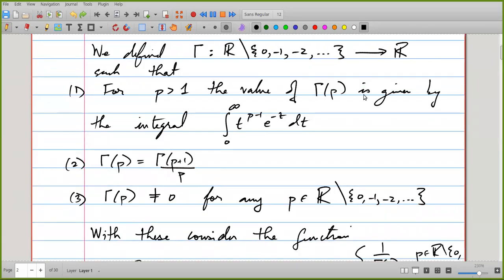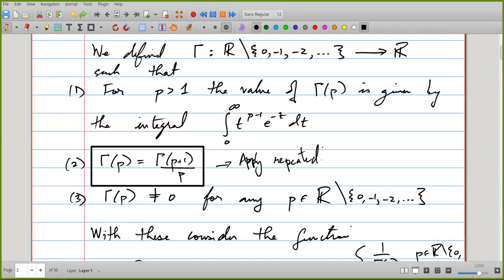For other values of p, the value of gamma is given by this formula. We can apply this formula repeatedly if p is less than or equal to 1.